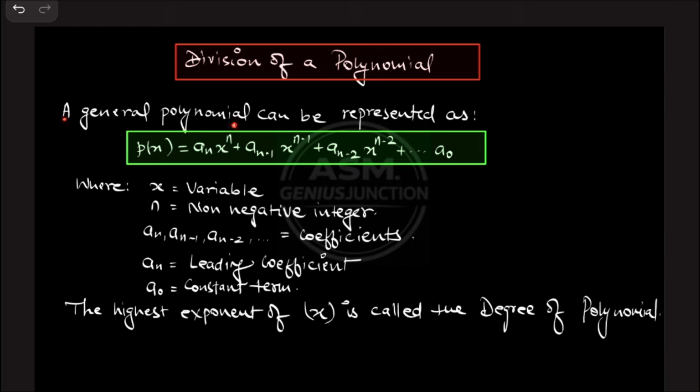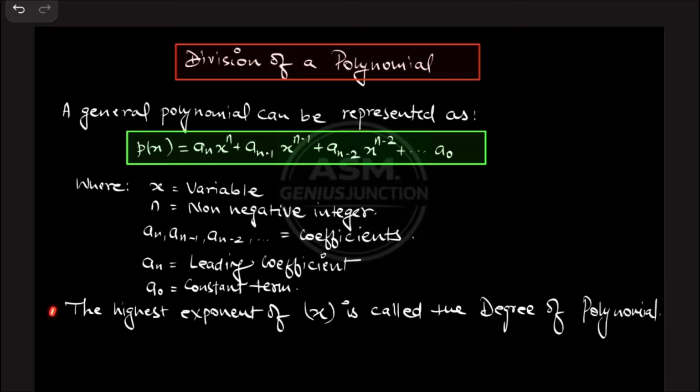A general polynomial can be represented by p of x equals an x to the power n plus an minus 1 x to the power n minus 1, plus an minus 2 x to the power n minus 2, and so on till I get a0. In this expression, x is representing the variable, n is representing a non-negative integer, and an, an minus 1 and so on are representing coefficients. an is termed as the leading coefficient, and the last term, which does not have a variable with it, is the constant term.